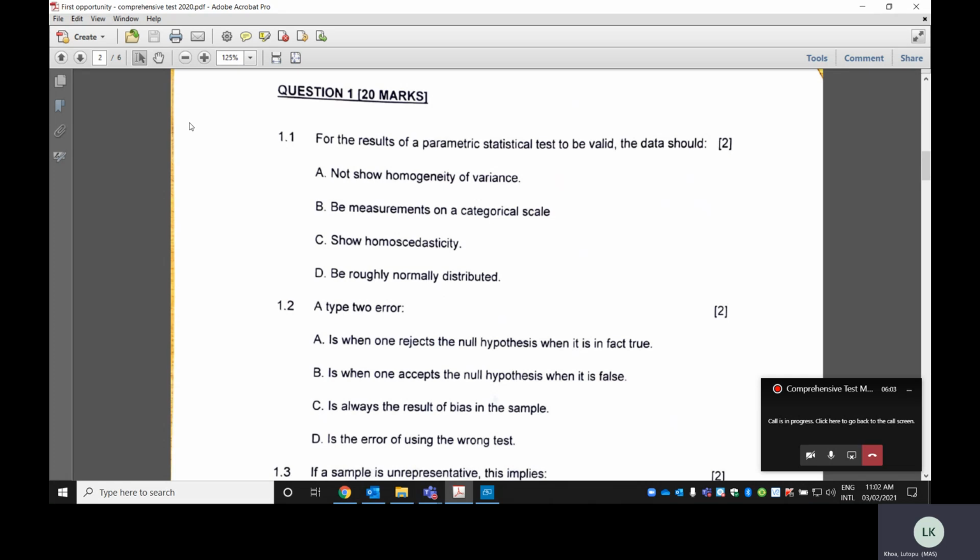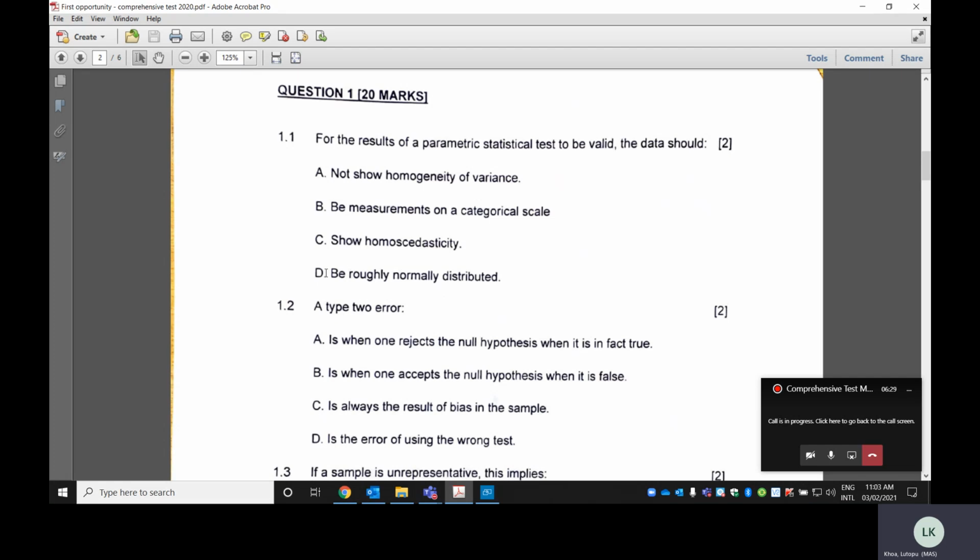Okay, with question 1, for the results of a parametric statistical test to be valid, the data should be: A, not show homogeneity of variance; B, measurements on a categorical scale; C, show homoscedasticity; D, roughly normally distributed.